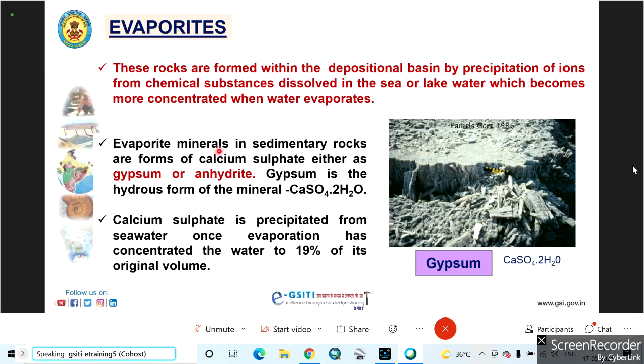Evaporite minerals in the sedimentary rocks are forms of calcium sulfate, either as gypsum or anhydrite, and gypsum is the hydrous form of the mineral, that is calcium sulfate and two molecules of water. So calcium sulfate is precipitated from the seawater once the evaporation has concentrated the water to 19% of the original volume. Only then will these evaporites form.